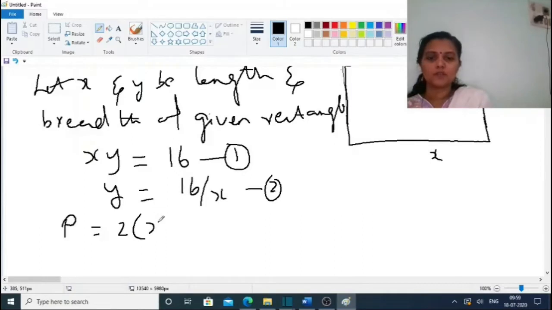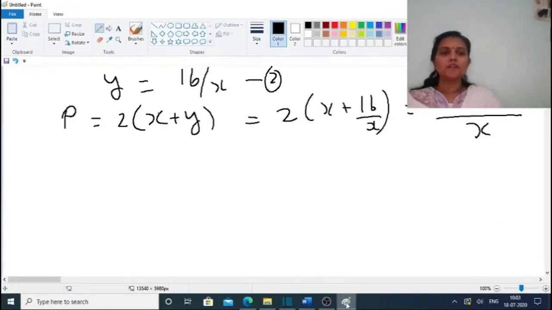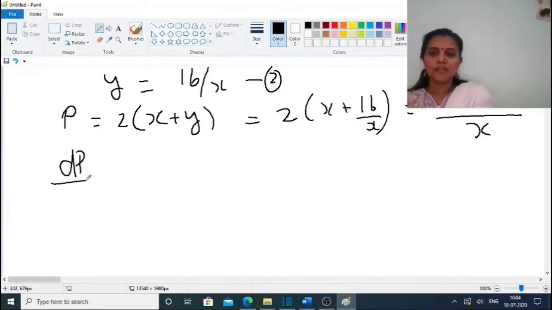the total length, 2 times x plus y, which is equal to 2 times x plus 16 by x, which is equal to 2x square plus 32 by x. Next we have to find the derivative of this function, dp by dx, to find critical points.